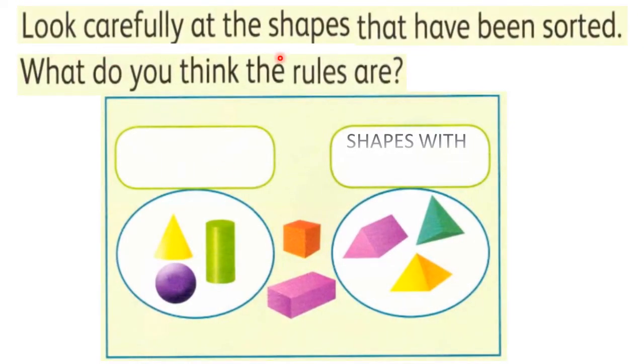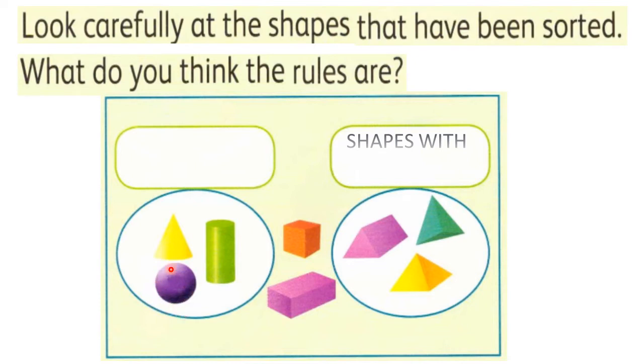Look carefully at the shapes that have been sorted in the 2 Venn diagrams below. What do you think the rules are? So, in here we have a cylinder, a cone, and a sphere.